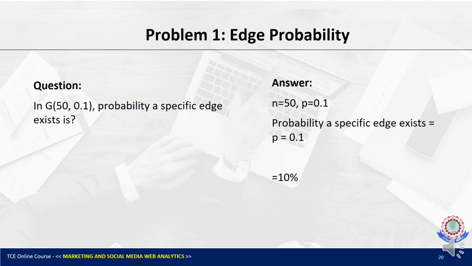In the G of N,P model, the probability that any particular edge exists is exactly P. There are no conditions, no formulas, nothing extra. So, in this case, the probability of a specific edge existing is simply P equal to 0.1 or 10%. That's the entire logic. This helps us understand how randomness decides connections between nodes.